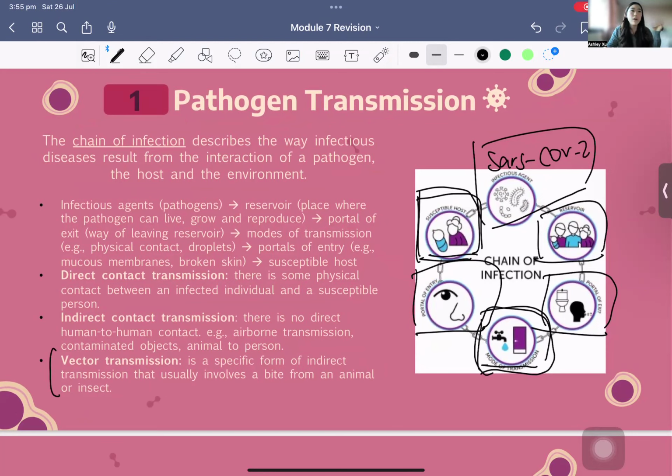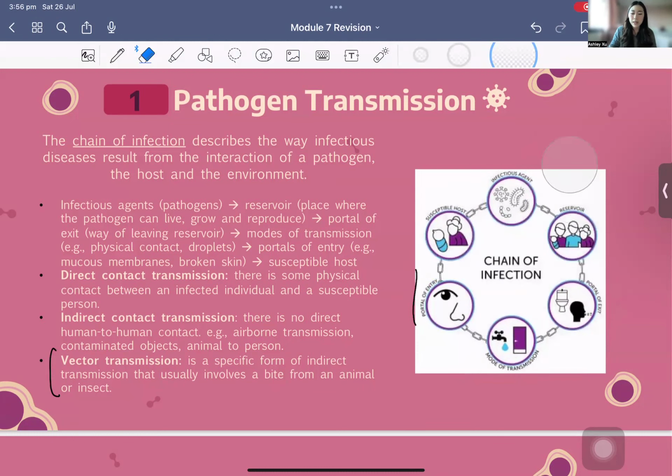They have not been affected before, they don't have immunity to that virus, and they have not had a vaccination against that virus. Okay, so in the case of COVID-19, someone who has not gotten the disease yet, or someone who has not been vaccinated from COVID-19, then the virus can reproduce within them and start off the chain of infection again. Okay, so I want you to remember each little part of the chain of infection. Tell me what it is, give me an example of what it includes.